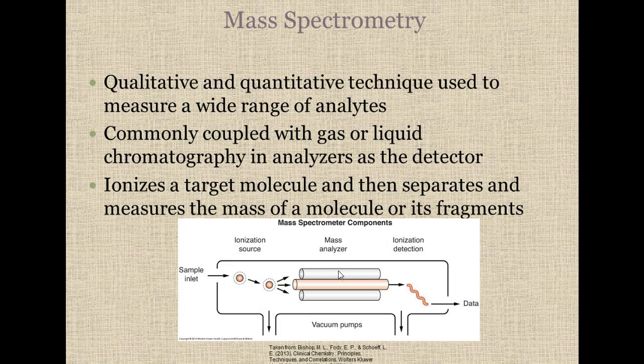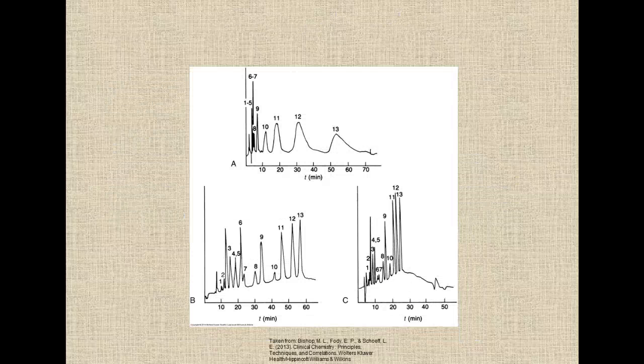A lot of times gas chromatography is connected with mass spectrometry. It's a qualitative and quantitative technique used to measure a wide range of analytes, commonly coupled again with the gas or liquid chromatography as the detector piece. It ionizes a target molecule and then separates and measures the mass of it to try and determine exactly what element it is.